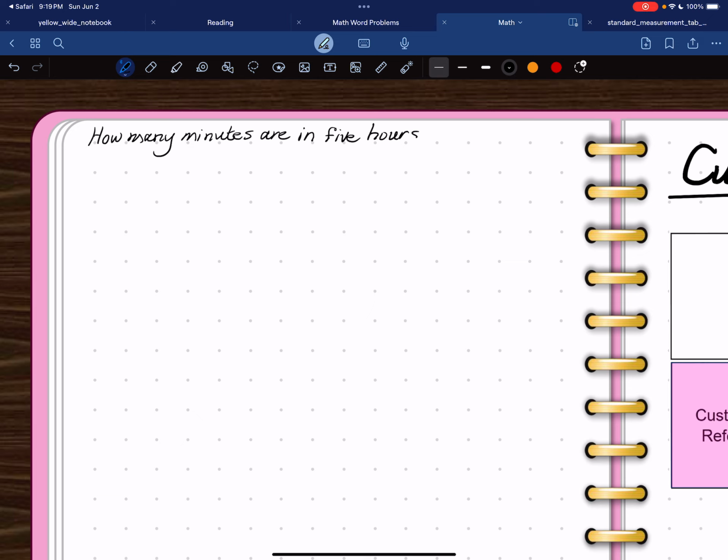I have learned through many years of doing this that it is very valuable to students to write the question out in words. So you notice I am not using the number 5. I'm spelling the word out. Give them as much practice as you can in translating the problems. Now it takes a little bit longer, especially if you're having the students copy these with you.